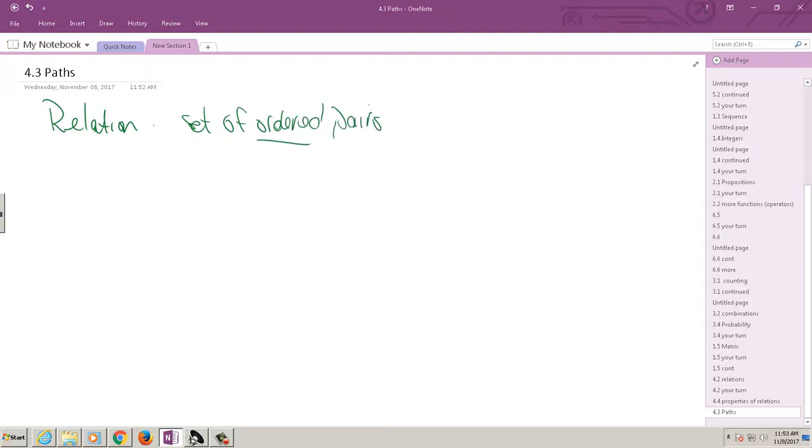Remember, it is ordered because the order in which they appear matters. A, B is different than B, A because order matters. It's a set, so we use the set notation with the curly braces.